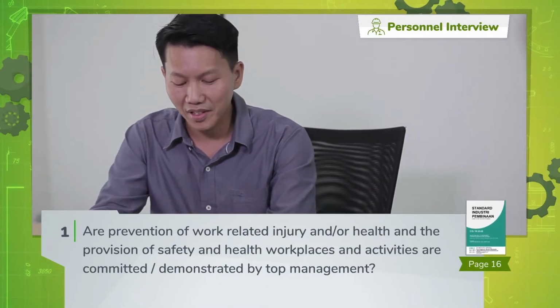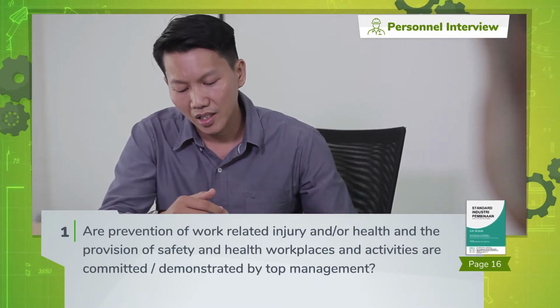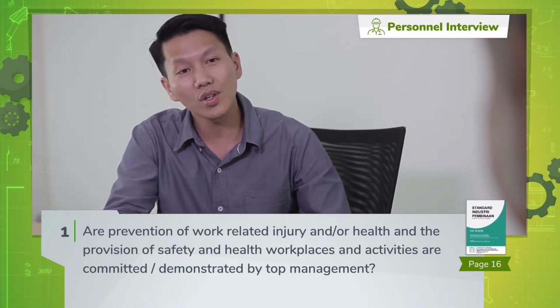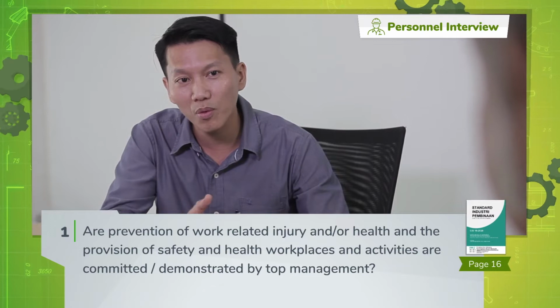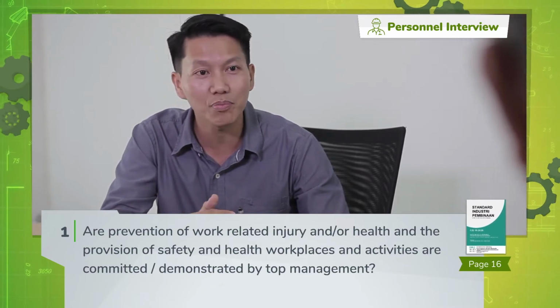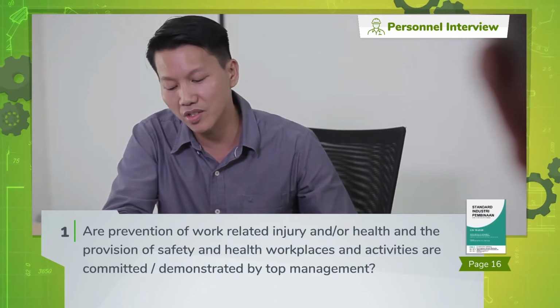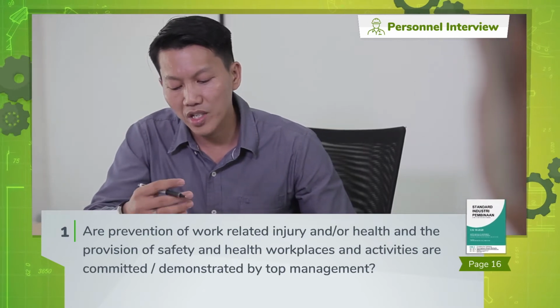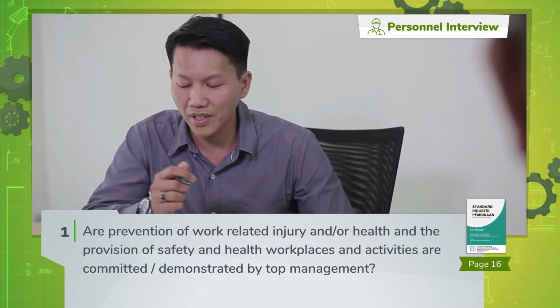Alright Encik Rahmat, so the first question, in your own words, can you kindly explain what is your top commitment, your roles and responsibilities as top management to make sure your workplace safety? Yes, of course.